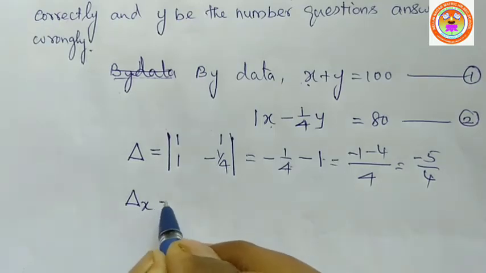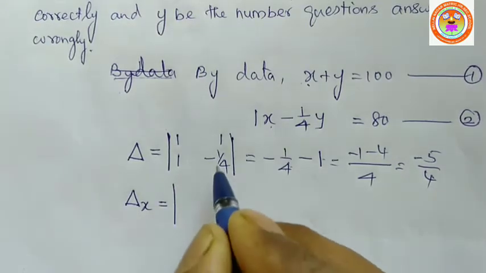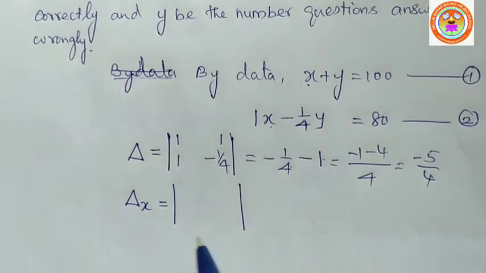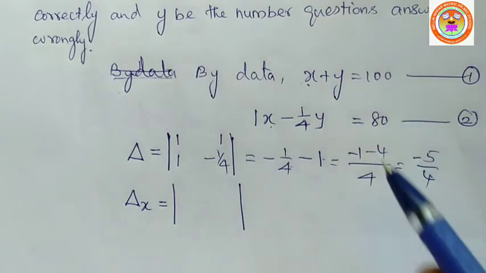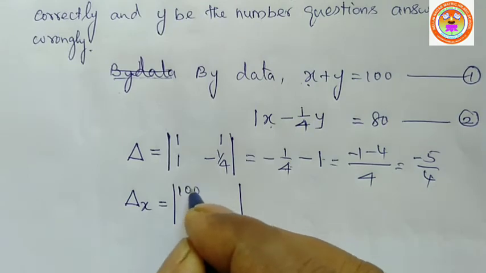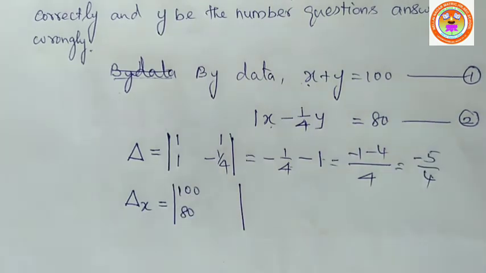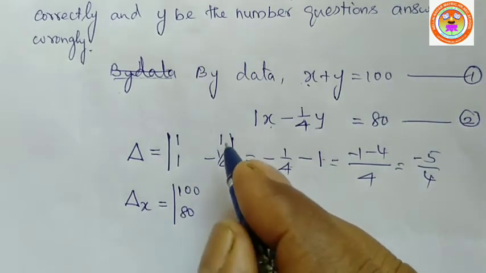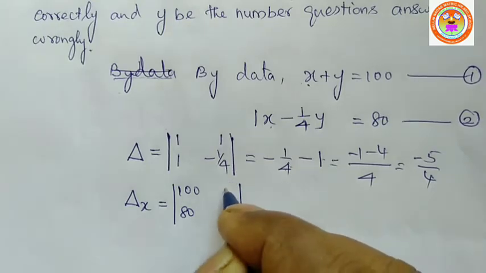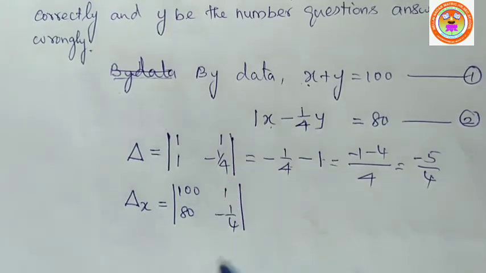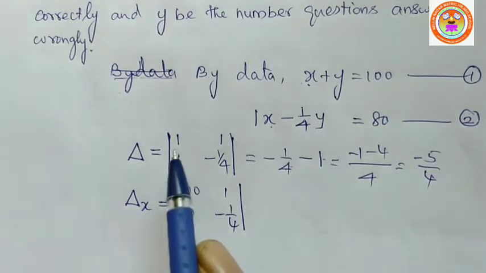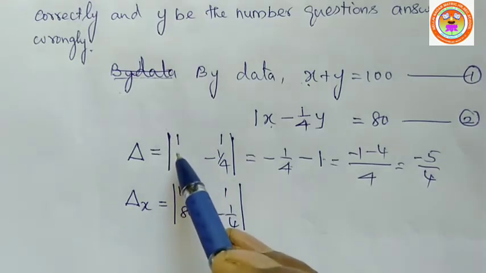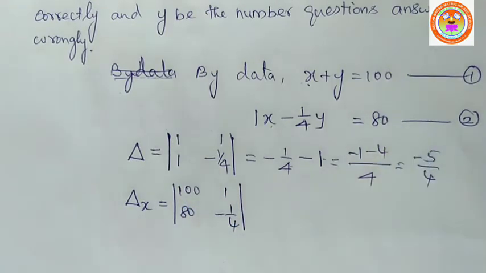So delta x is obtained from delta by replacing the first column by the constant terms: 100, 80. The second column elements remain the same: 1, minus 1/4. Is it clear?